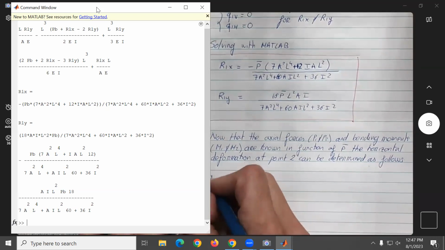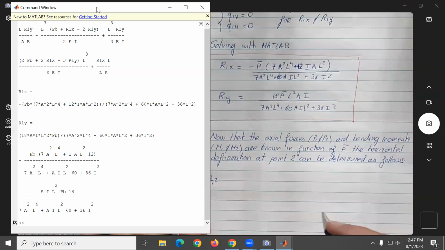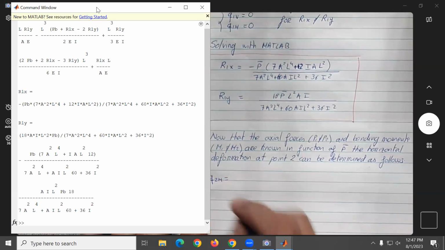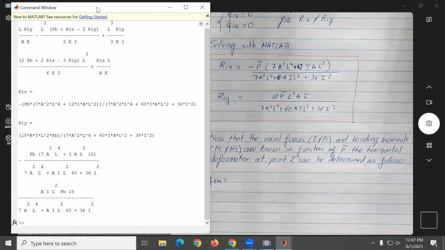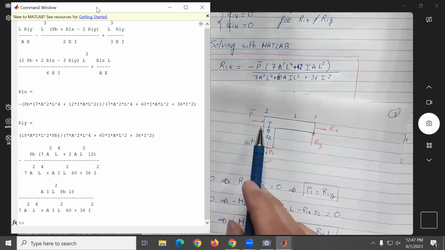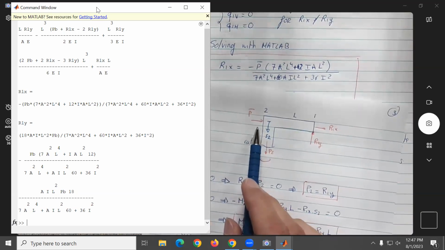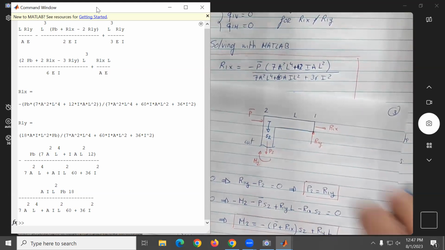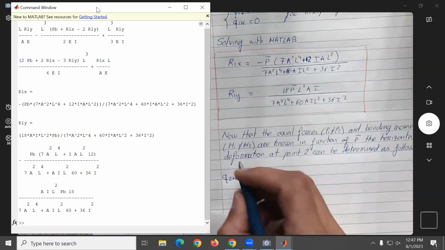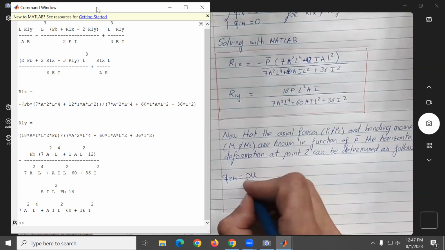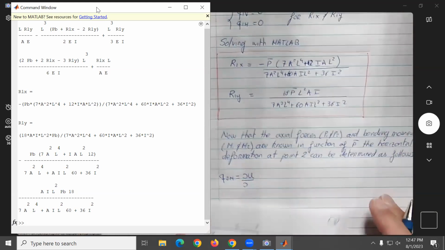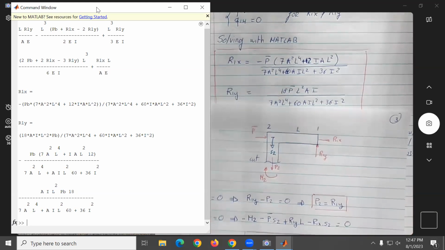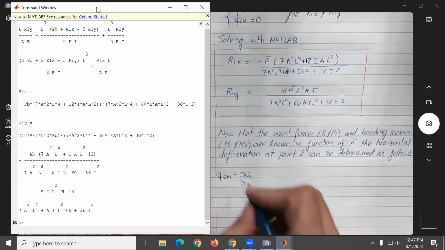What should Q2 horizontal be equal to? I mean, we put at the beginning, it should be equal to the partial of U with respect to what? Horizontal. Remember, you need to take the derivative of the strain energy with respect to the force acting in the direction at the same point. So it will be in function of P bar.